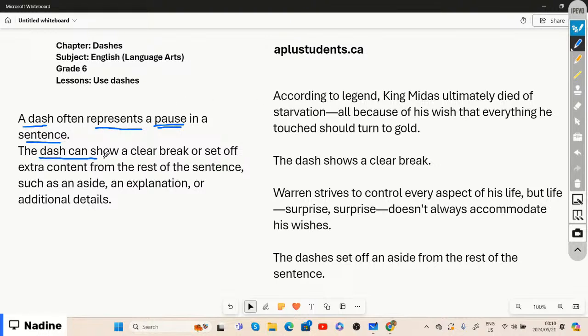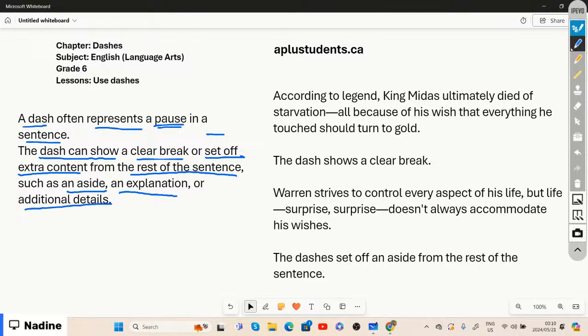Remember, we are just pausing and now we have our dash. So it shows a clear break or sets off extra content from the rest of the sentence, such as an aside, an explanation, or additional details.